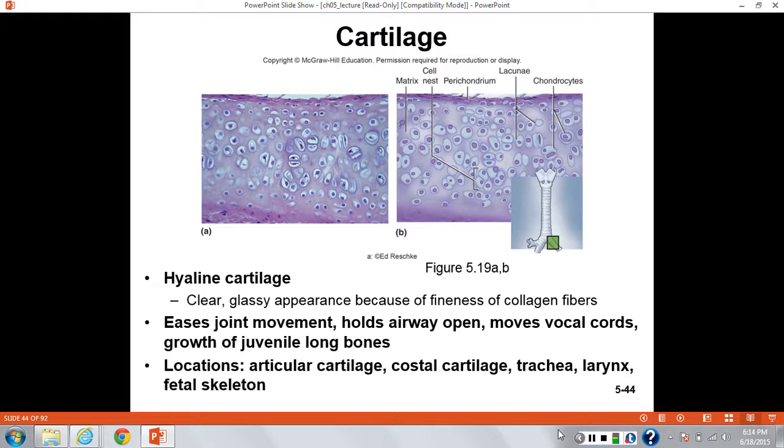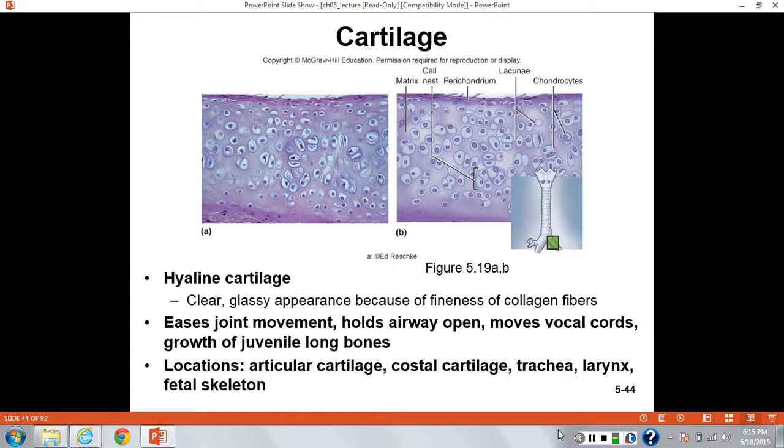What structure is that? No, that's your larynx at the top. The tube coming down is your trachea. And the bronchi is where they what? Branch. Okay? So it allows opening for what? Airway, your vocal cords. Okay? Your costal cartilage, the articular cartilage, larynx.